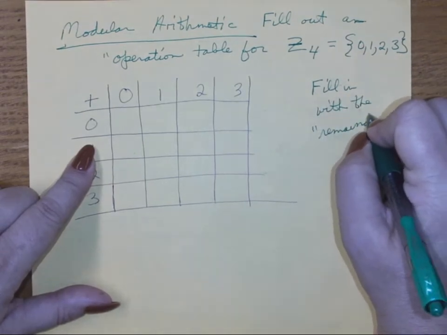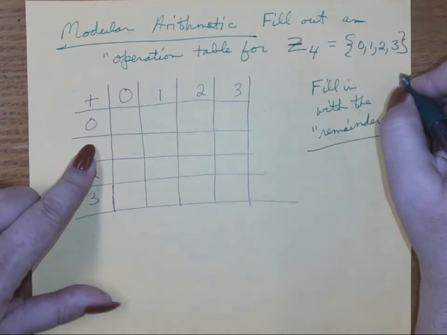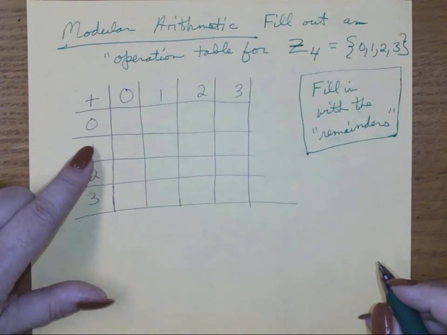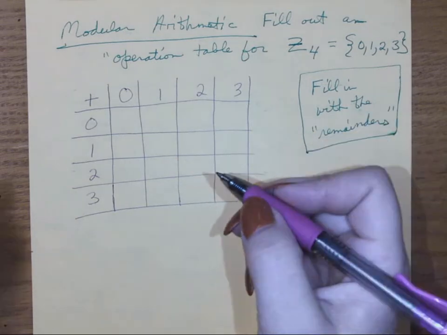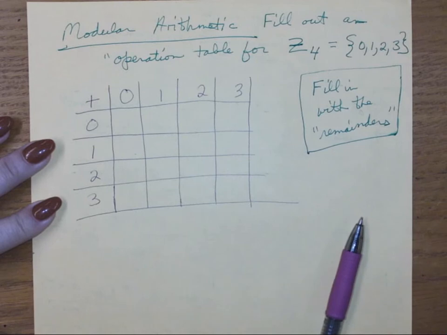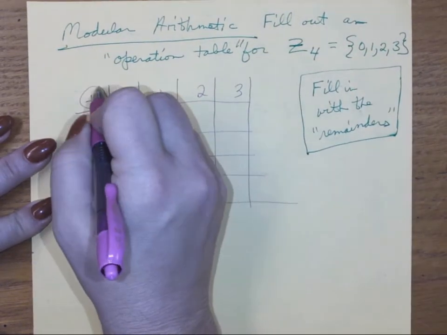And that can be either a subtraction or a division problem. Just stick one of those on your homework assignment. So it doesn't matter to me which way you think of it, is the subtraction or the division, as long as you can kind of show me your work and see what's happening. So notice that my operation here, oops, I left off my quotes, operation table. My operation here is add.